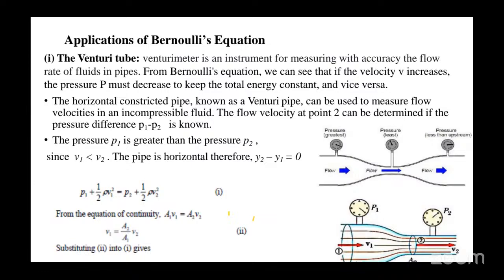Our time is up, but I want to round up with this. Like I was saying, we can determine either of the speeds, V1 or V2, using the continuity equation combined with the modified Bernoulli's equation for the Venturi tube.